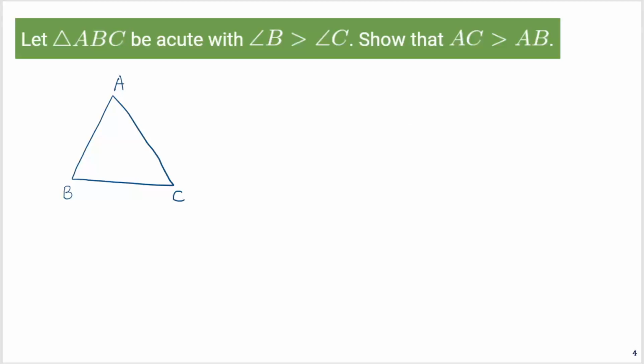First of all, for example, we could draw altitude AX here and locate a point D on BC, the line BC, such that AD equals AC. So the question is D here or here?